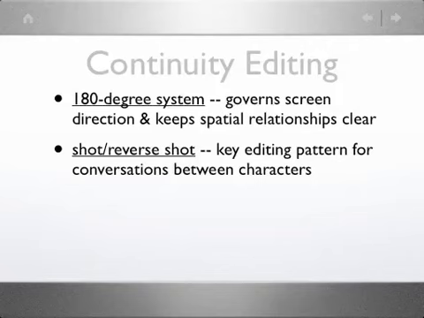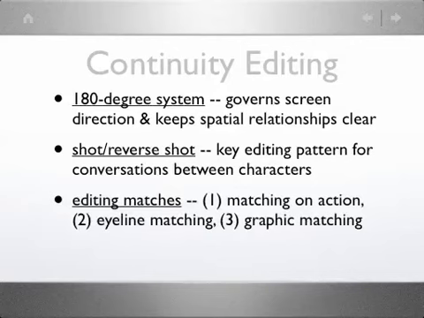Most of the time, when we have a conversation between two characters in a film, we're going to have a shot reverse shot sequence, which alternates close-ups or medium close-ups of the two characters that are part of this conversation. And so this is one of the main ways in which the 180-degree system is used, and one of the main ways in which continuity editing is utilized in most films.